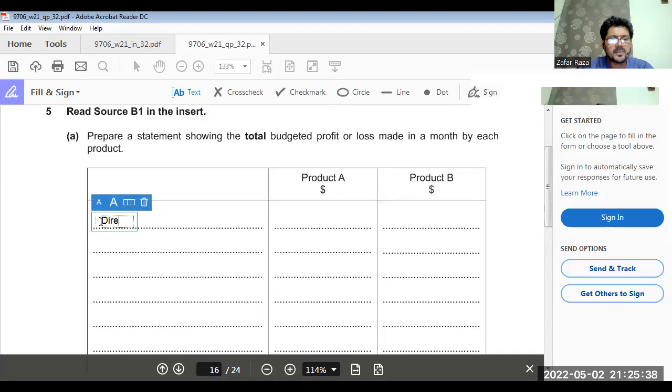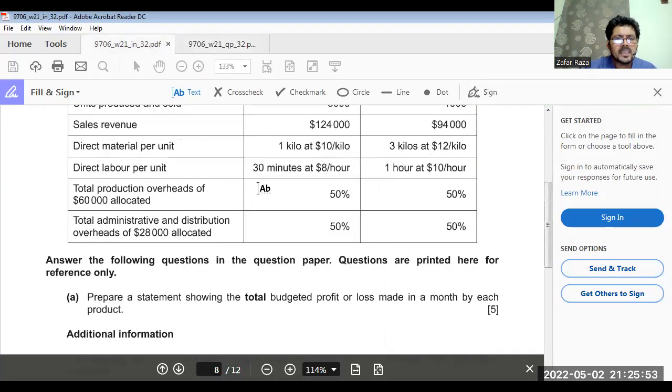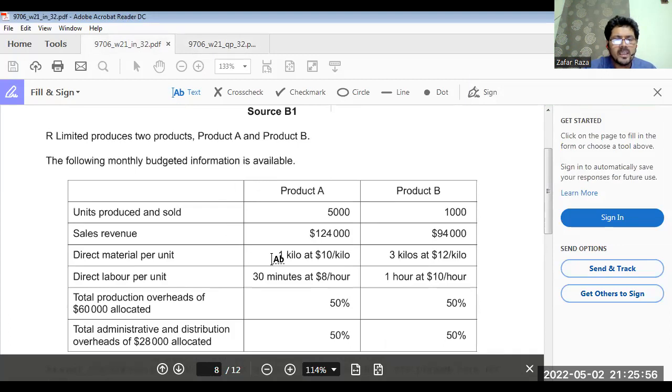Now, first we have to take direct materials. Direct materials how much? For product A and for product B. Now, direct material is 1 kilo at the rate of $10, which means for 5,000 we need 5,000 kilos multiplied by $10, which makes direct material 50,000 for product A. And we need 3 kilo for 1,000, that makes 3,000 kilo we need at the rate of 12.